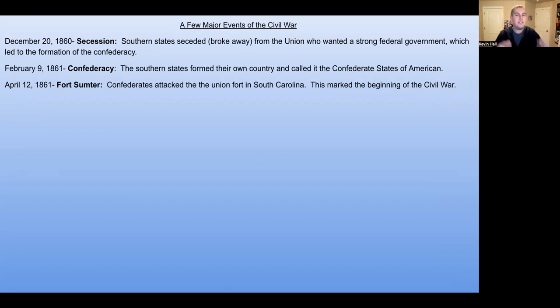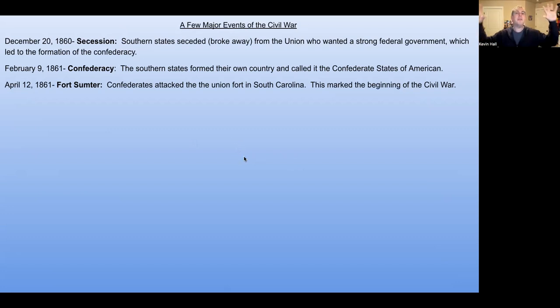So even though the Southern states became their own country, the United States was like, no, you didn't. And so they kept their military in those Southern states. And so the Confederates actually attacked the Union Army, who was still posted in South Carolina at Fort Sumter. And that was the first official battle of the Civil War.